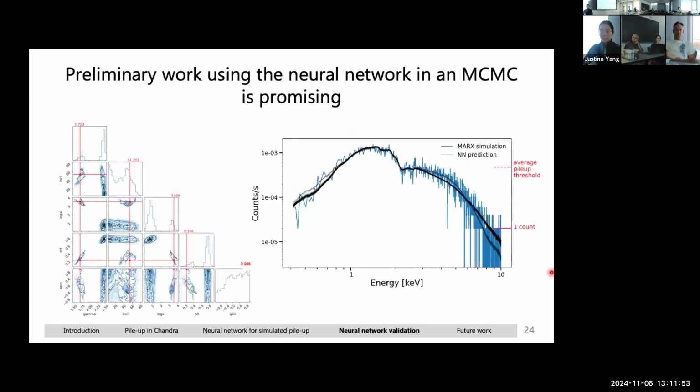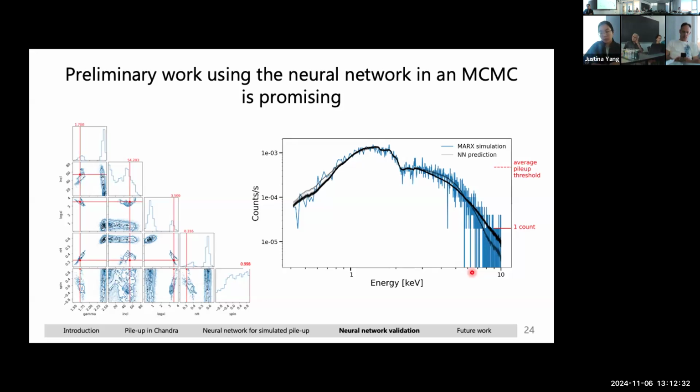Preliminarily speaking, the inferred parameters from the MCMC correspond to piled up spectra predicted by the neural network that are roughly consistent with the MARX simulation. In this spectrum, the blue is the MARX simulation. Again, this includes photon noise. The gray lines are different predictions from the neural network that correspond to draws from parameter space of the original 5 parameters that went into the physical model.